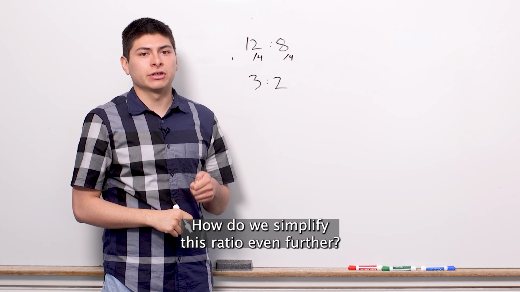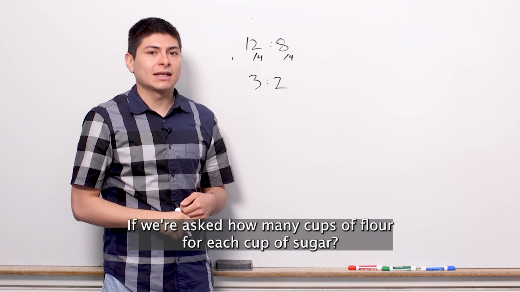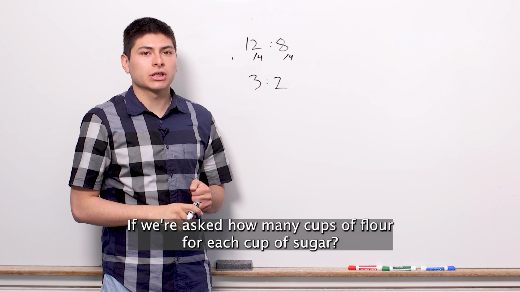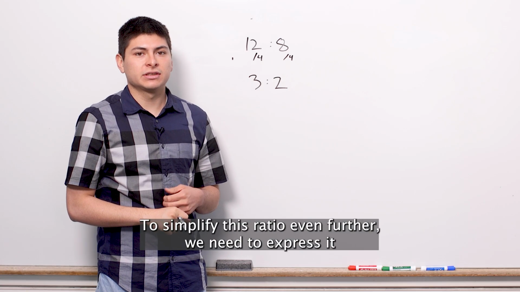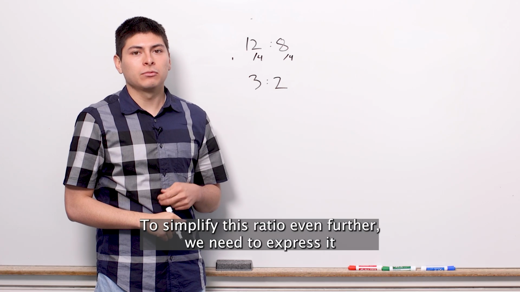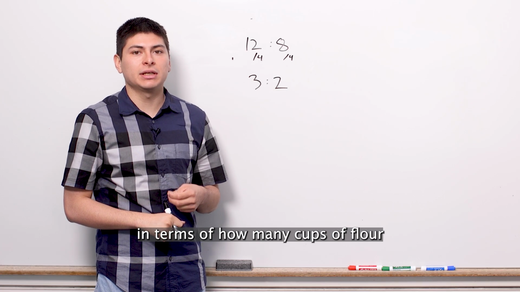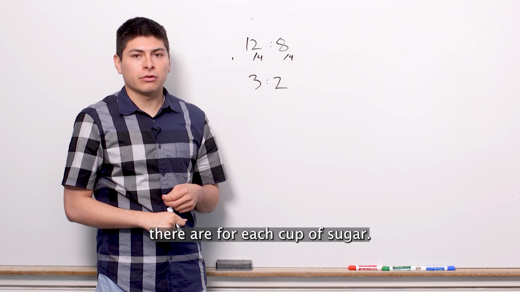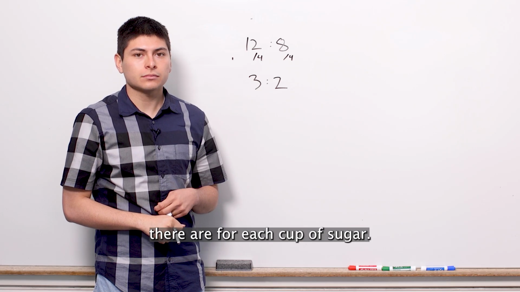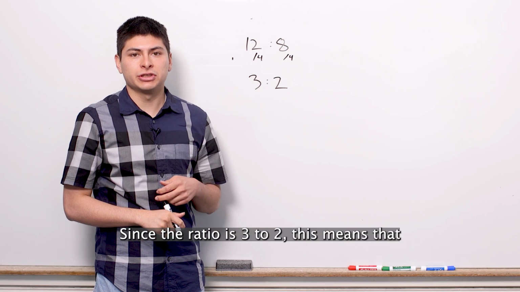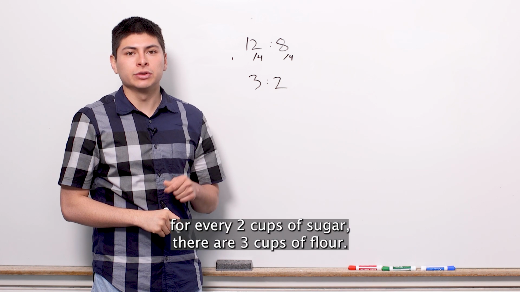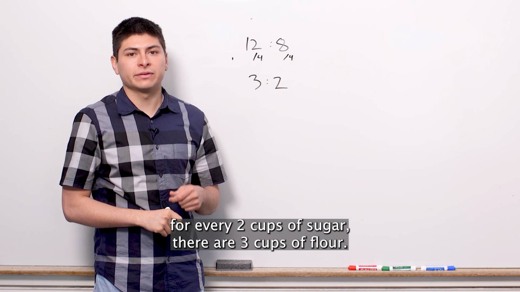How do we simplify this ratio even further if we're asked how many cups of flour for each cup of sugar? To simplify this ratio even further, we need to express it in terms of how many cups of flour there are for each cup of sugar. Since the ratio is 3 to 2, this means that for every 2 cups of sugar, there are 3 cups of flour.